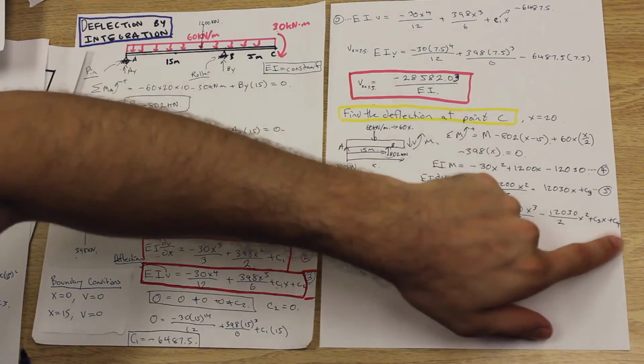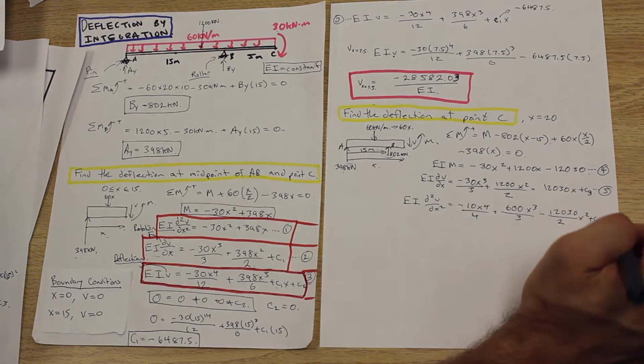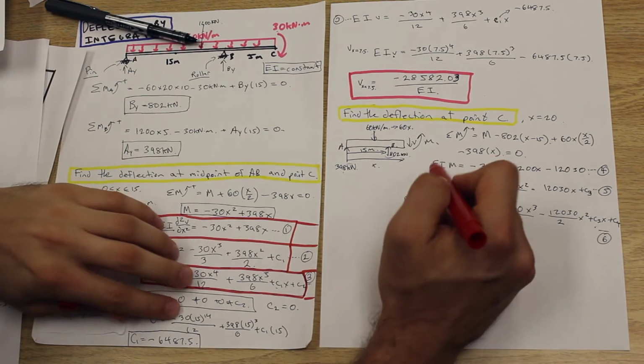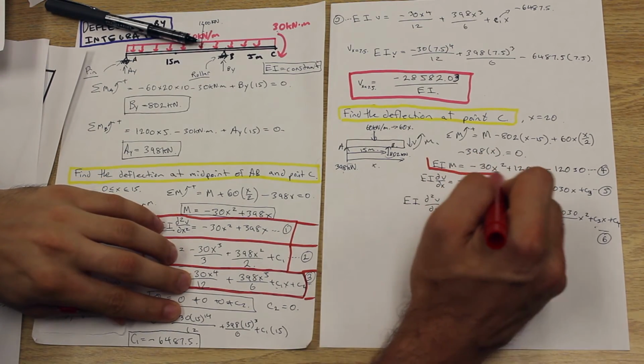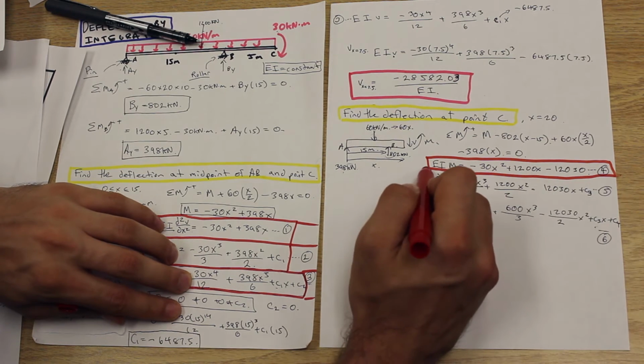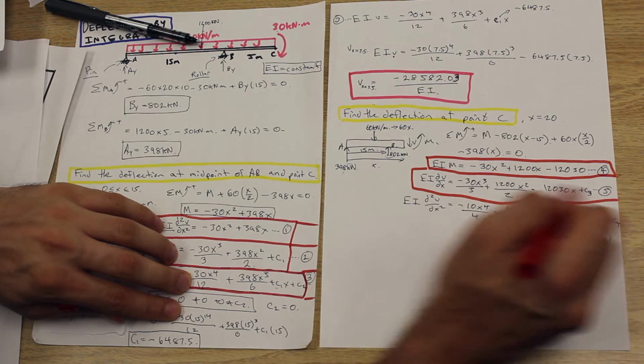So we have C3 and C4 here, and this is going to be our sixth equation. And let me just go ahead and give this a red box so we don't lose track of what we're working with here.